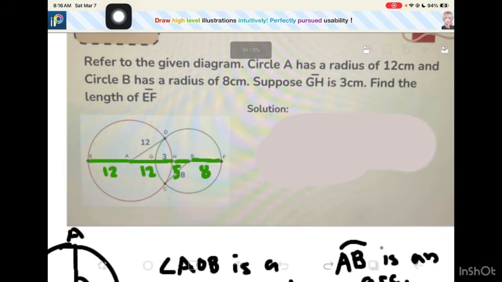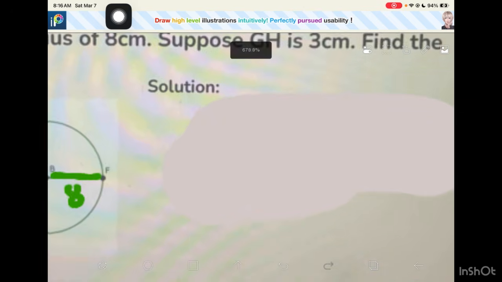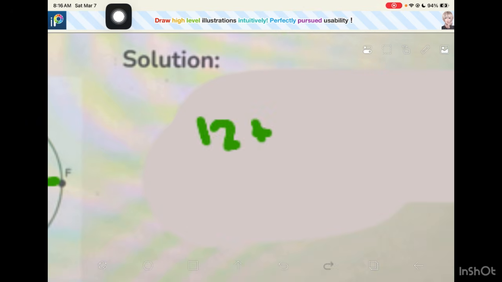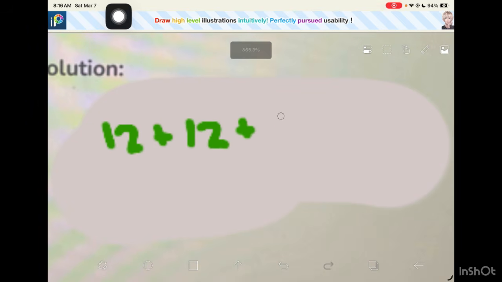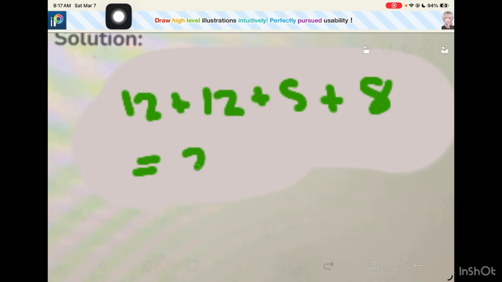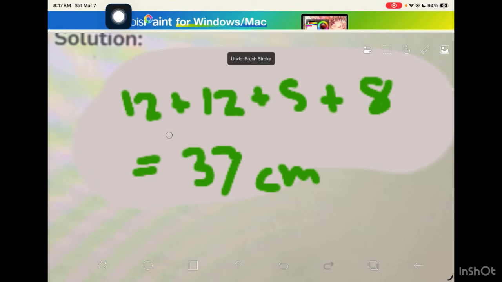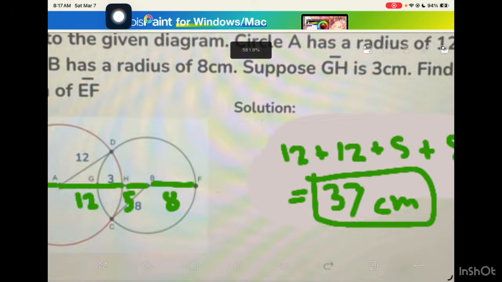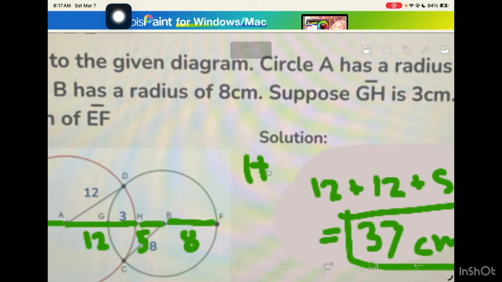So by adding 12 plus 12 plus 5 plus 8, we get 37 centimeters. So this is number 16.